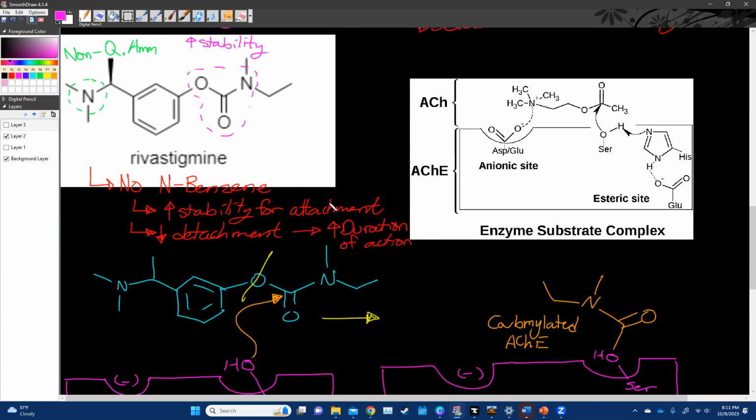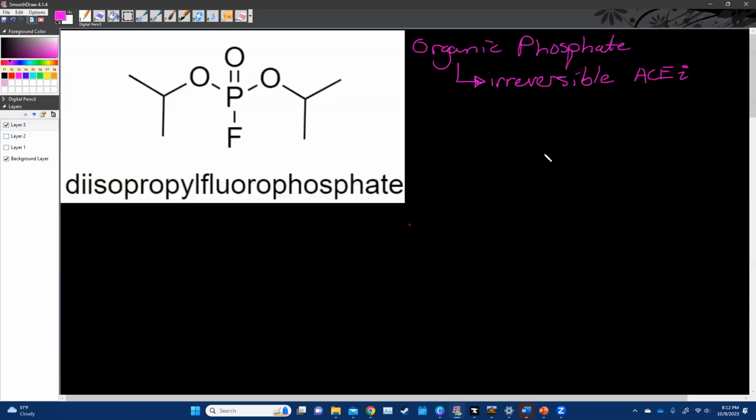So we are increasing attachment and decreasing detachment, which is going to increase the half-life. What is essentially going on here is that the phosphate is going to irreversibly bind to the serine in acetylcholinesterase.